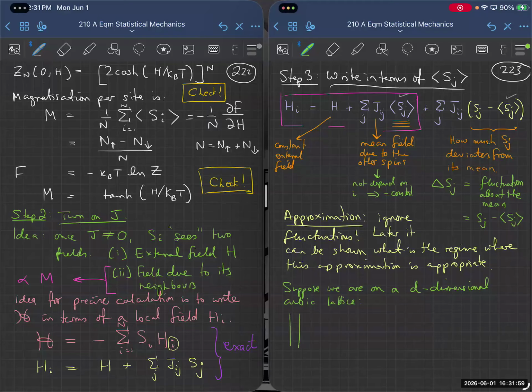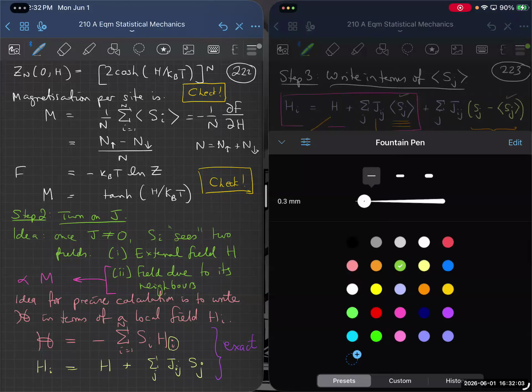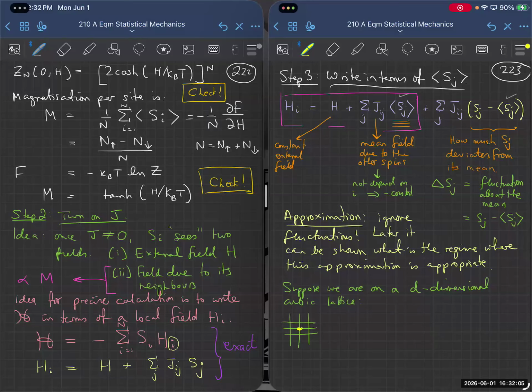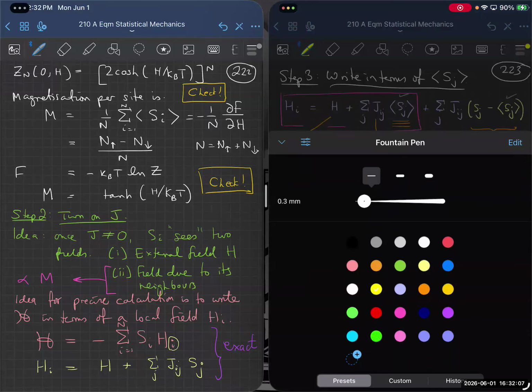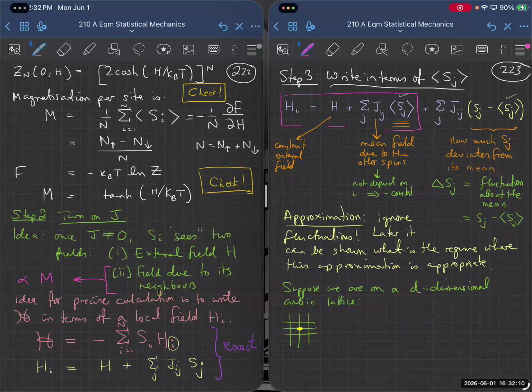Then it looks something like this in 2D. So then the number of nearest neighbors. So here is my spin, and then the nearest neighbors to that spin are this one, this one, this one, and this one. So these are the nearest neighbors.